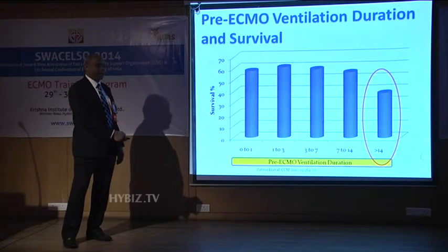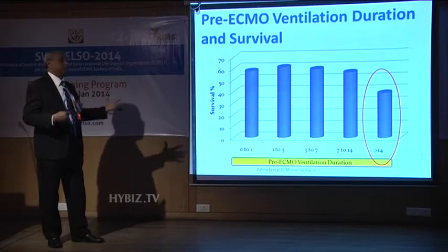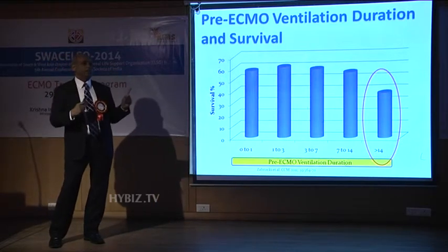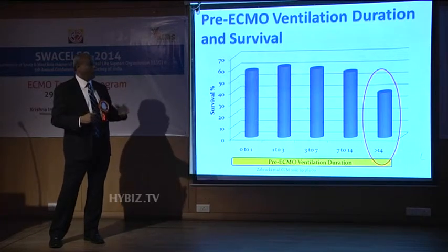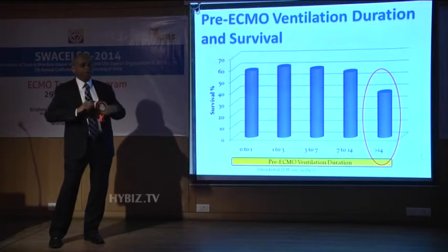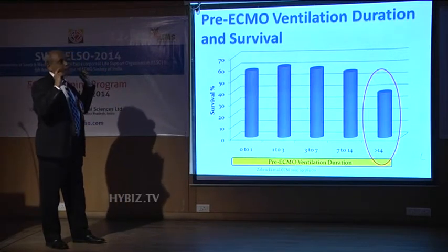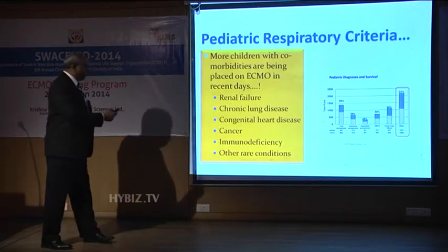But what Sunil was talking about is how much pressure they are using. If somebody is on 14 days of low-pressure ventilation and in the last day is having high pressure because of an air leak, I would put them on ECMO. Whereas with 5-6 days of barotrauma and a PIP of 50 or something like that, I would rethink before putting on ECMO. This is an important thing.